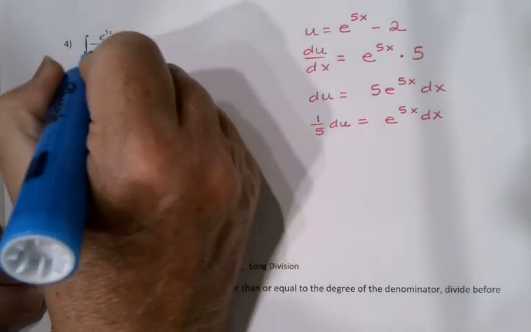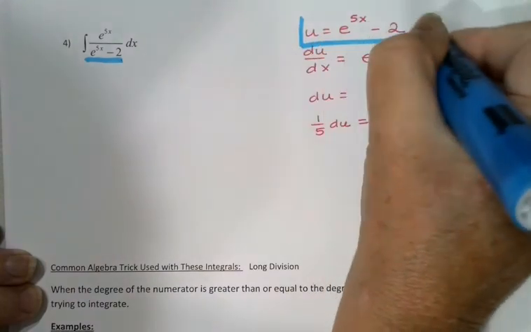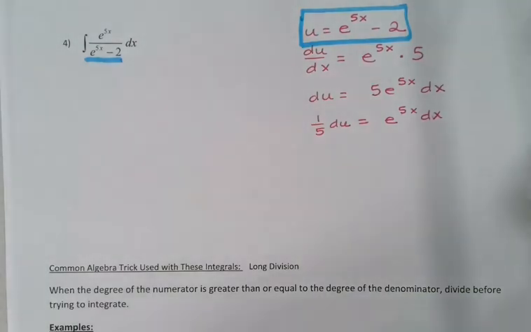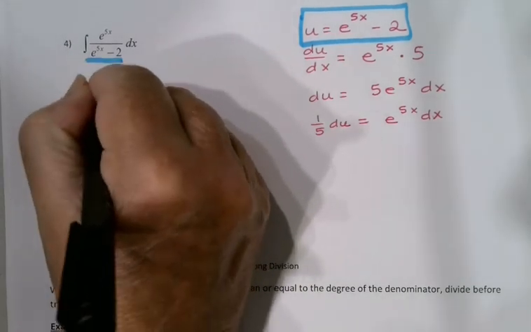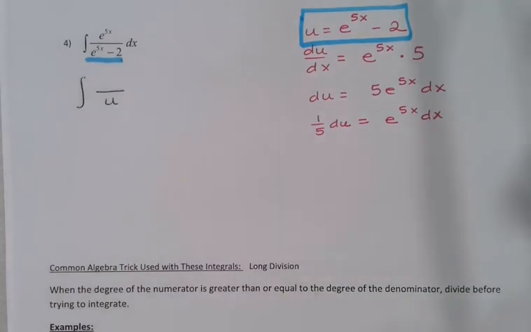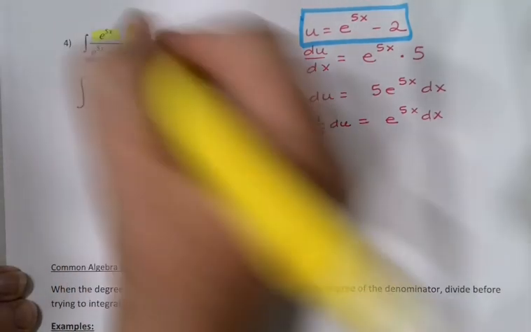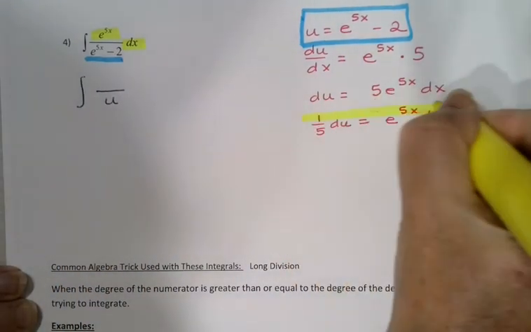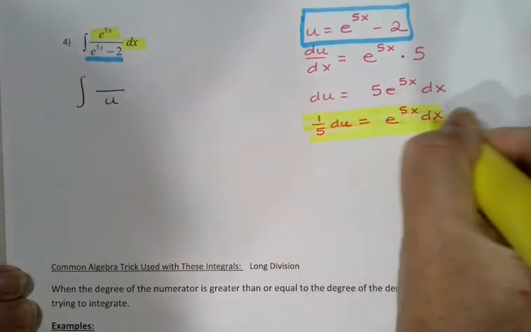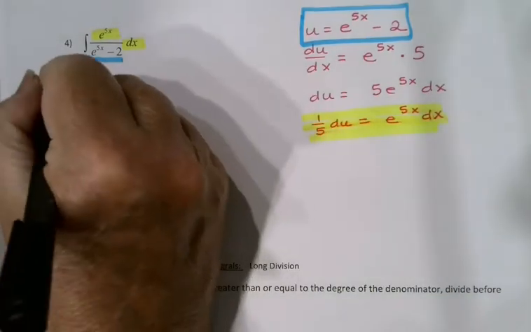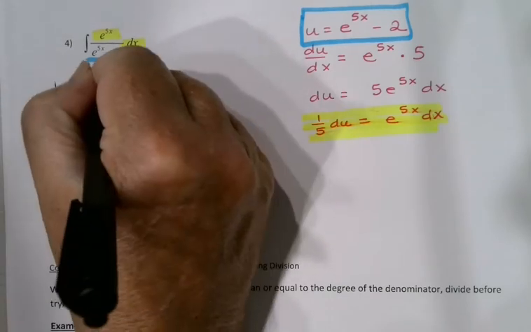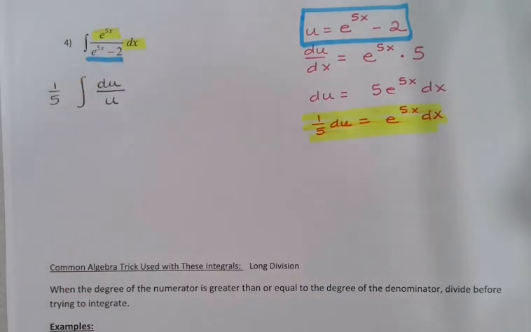All right, my denominator becomes the u. So u on the bottom. And then this e to the 5x dx together can get replaced with the 1/5 du. I'm going to put the 1/5 in front of the integral, and there's the du.